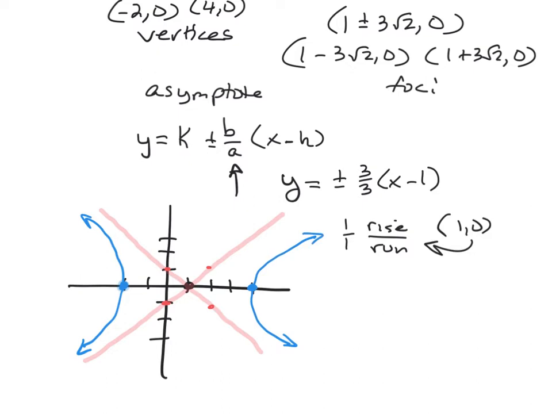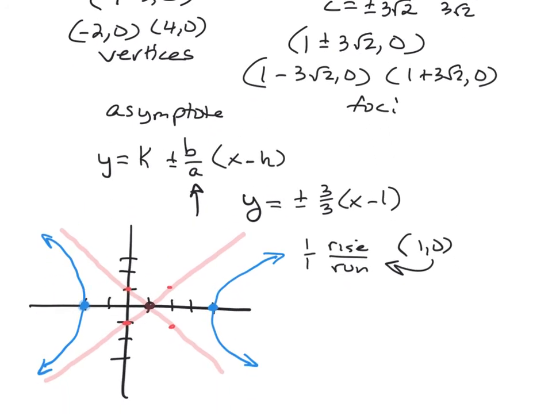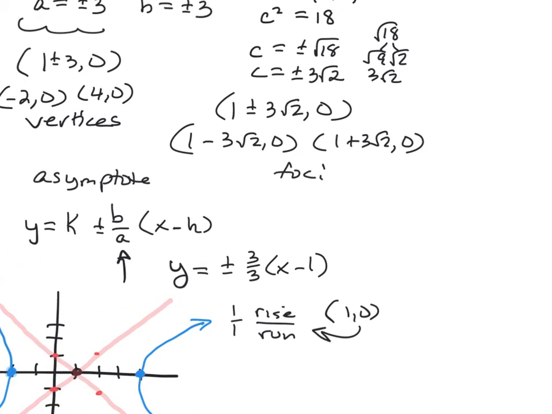And now also graph in the focus points. So if I do the square root of 18, which is the 3 radical 2, this is approximately equal to 4.2. So I'm going to be graphing 1 minus 4.2, so negative 3.2 comma 0.